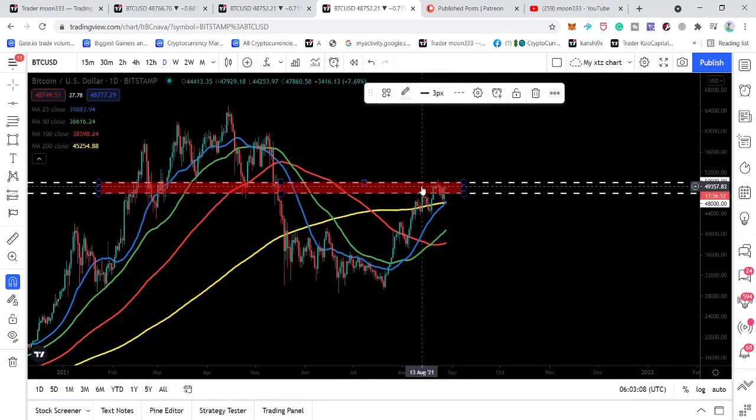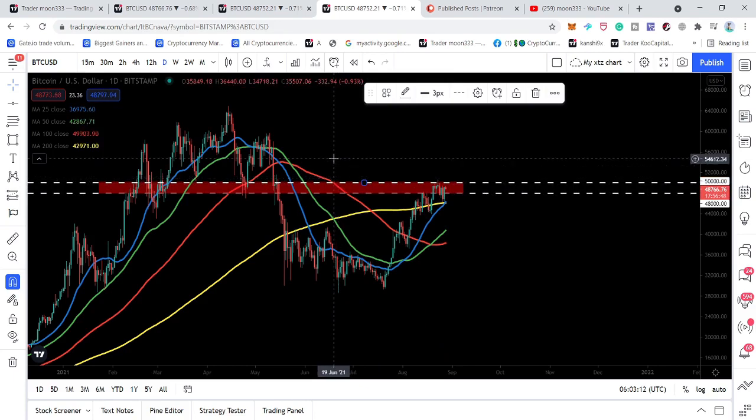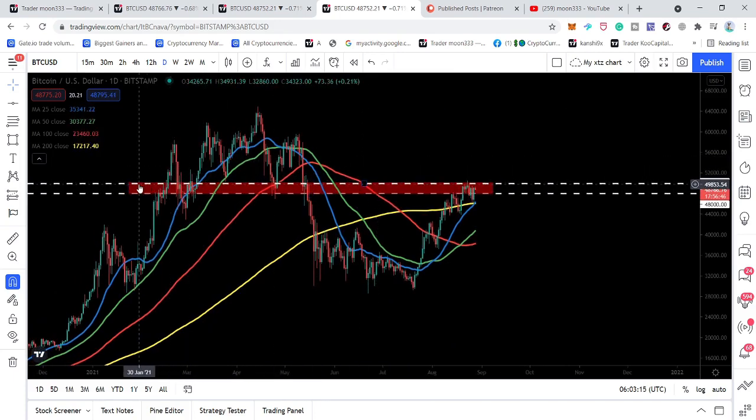This is a very critical zone for the price line to cross to start the next big move towards the upside. And you can see previously this zone has acted as a very nice support. Here it was acting as a resistance, here again as a resistance, and here it has been acting as a support, and here as well, and now again it is acting as a very strong resistance. Therefore, the price line needs to break out this resistance from $48,000 to $50,000.